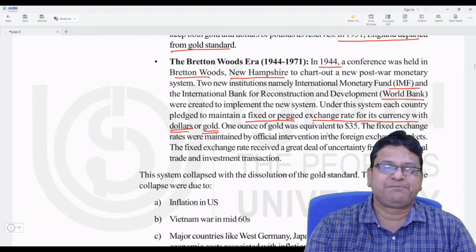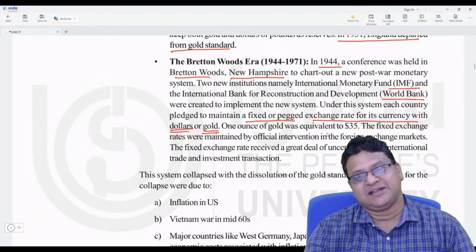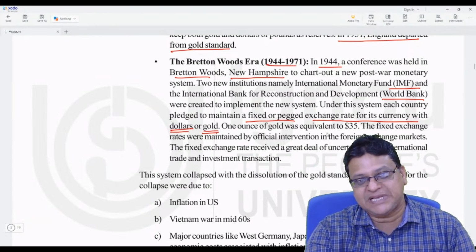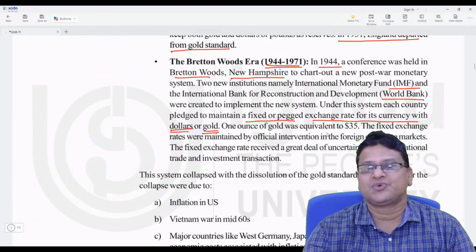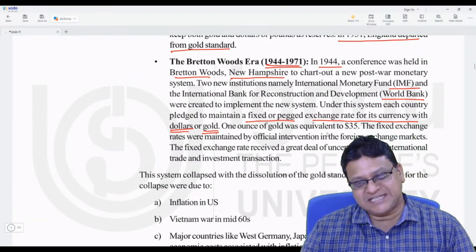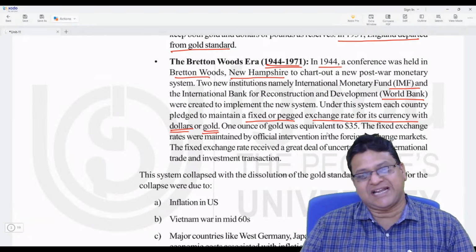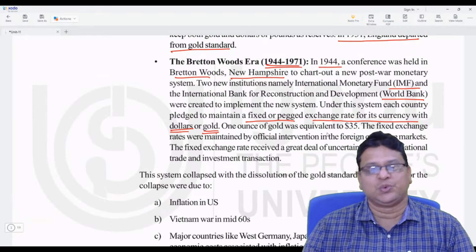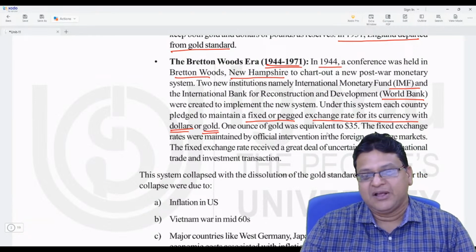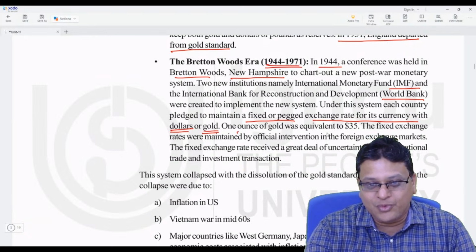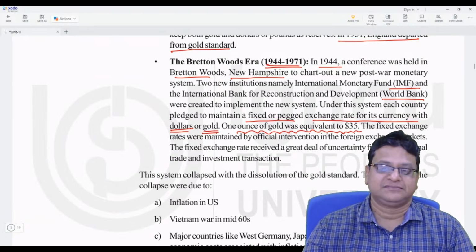So there is a fixed exchange rate regime during the Bretton Woods conference, and this particular regime, the fixed exchange rate, was followed from 1944 to 1971. In this case, every country fixed the exchange rate in relation to the dollar or in relation to gold, and 1 ounce of gold was equivalent to $35.